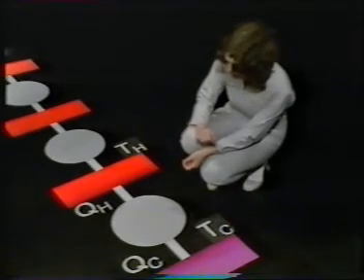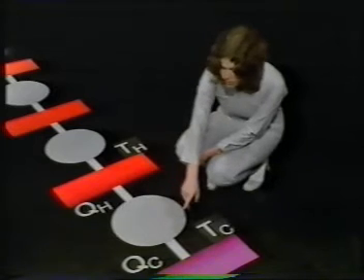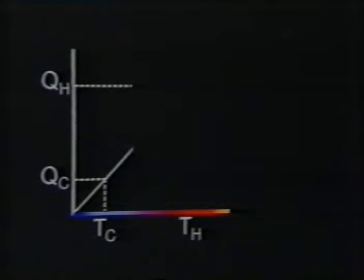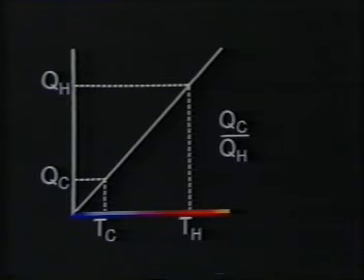And I can relate those directly to the energy transfers QH and QC by a linear relationship, so that QC divided by QH I can define as being equal to TC over TH. And that's a perfectly valid way of defining a temperature scale.